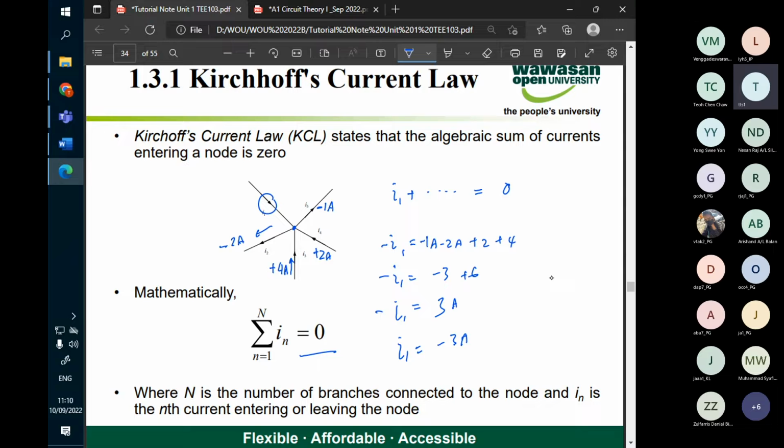Hey, wait a minute. I1 is going in. Something, I made a mistake here. Let me see. Probably I shouldn't take the I1 over there, but when I take I1 over there it becomes negative, right? This is going out, going out is minus. Here is going in, 2 and 4 going in. So I think I didn't make a mistake here.